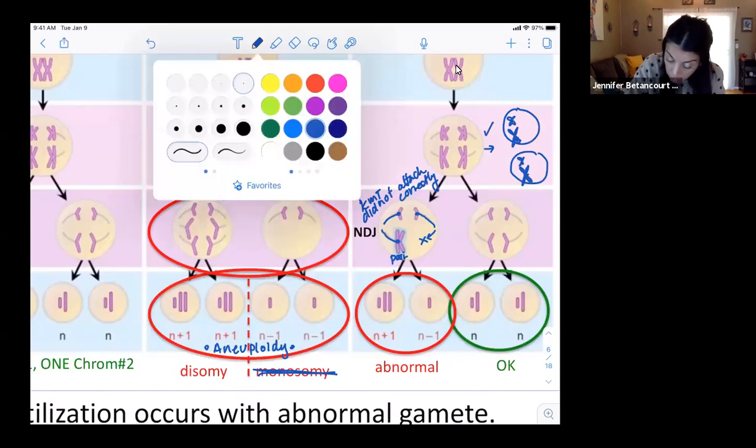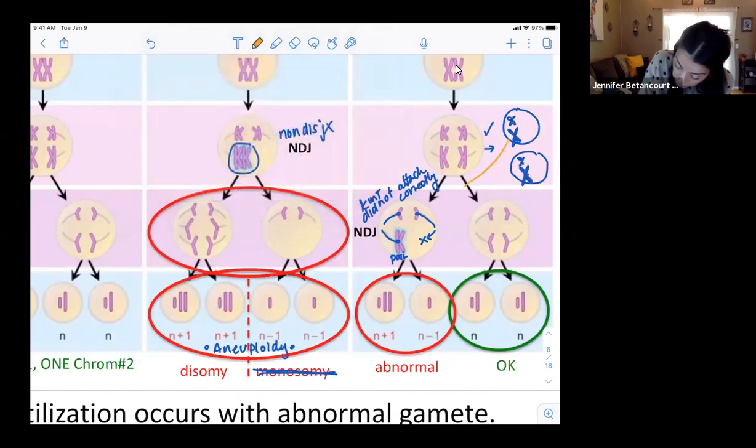So let's draw the arrow so we know that, let's say this picture on the left is representative of when this cell will actually exhibit non-disjunction, and this cell, meiosis 2, happens normally for it.